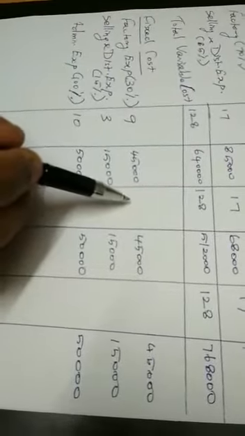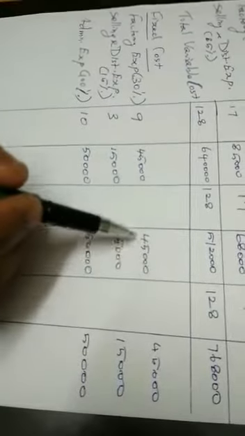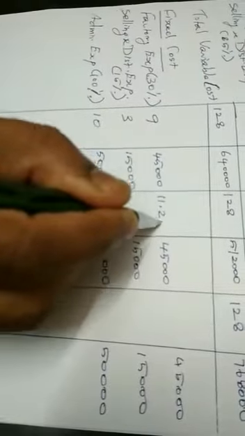So what is the next step? The next step is to find the per unit cost for 4,000 units. The total cost is 45,000, so for 4,000 units it is 11.25. Similarly, 15,000 divided by 4,000 is 3.75.